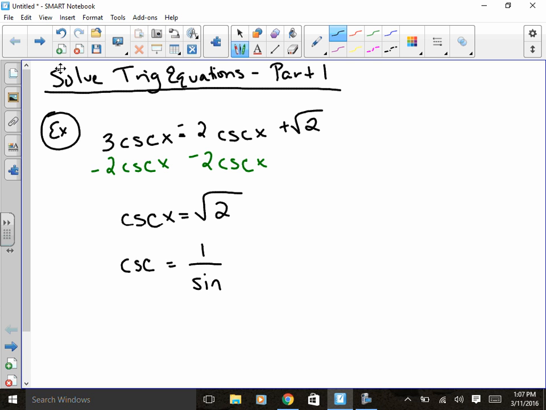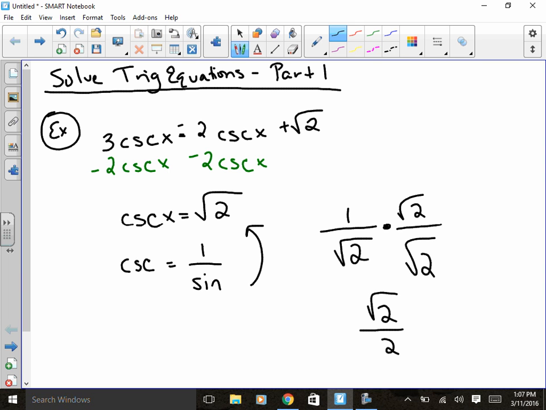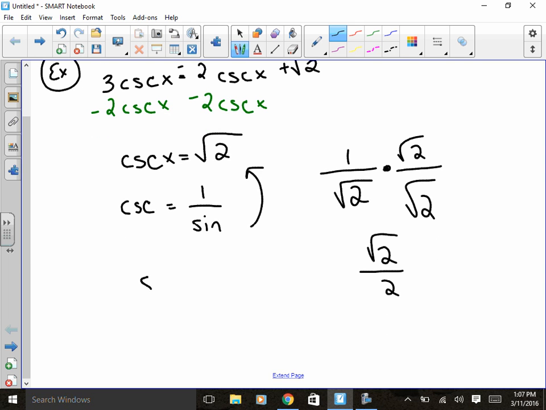So what I have here is, if I'm going to relate this to sine, which I want to, because my unit circle is cosine and sine, I really have 1 over square root 2. Well, we know that we can't have a square root in the denominator, so we're going to multiply the top and bottom by the square root of 2, and I get square root 2 over 2. So how does this help me? This helps me because I now have sine x equals square root 2 over 2.